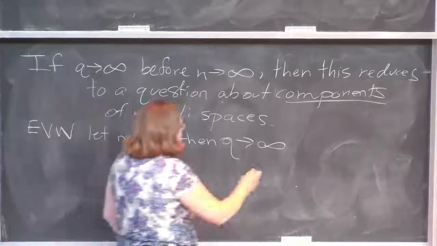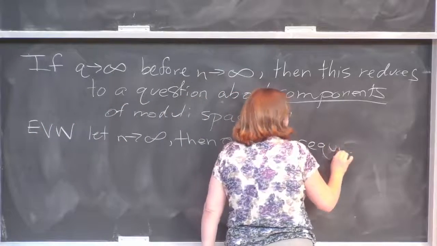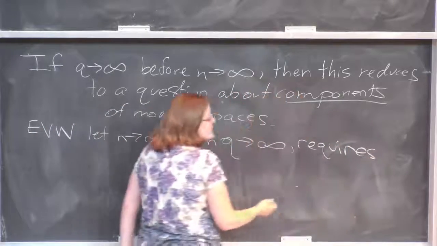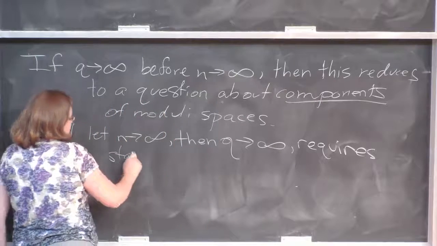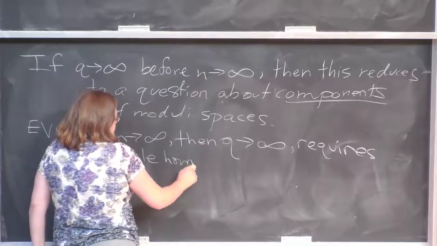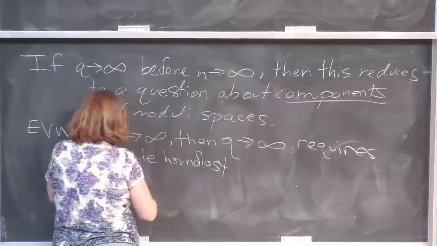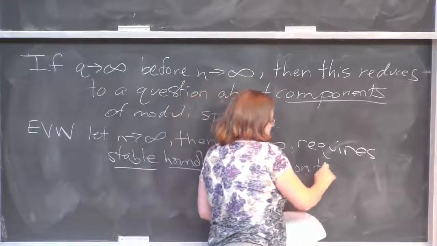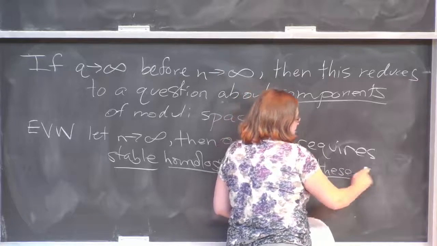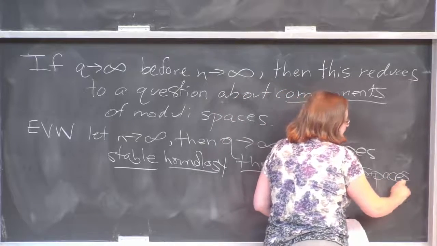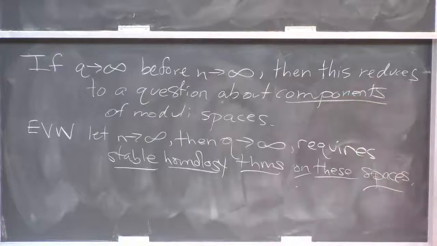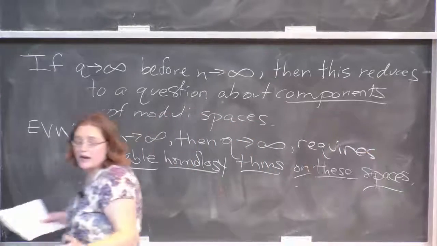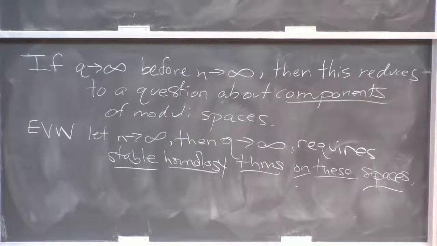And so their big advance came from proving stable homology theorems on these spaces, so that they actually are really starting to understand the shapes of these moduli spaces, which then through the Grothendieck-Lefschetz fixed point theorem tell them about how many F_q points they have.